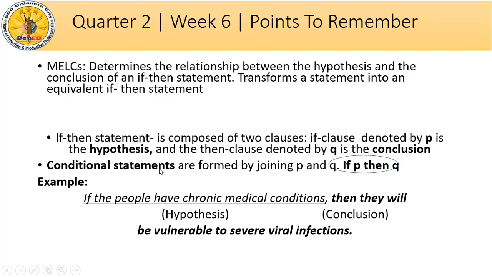Conditional statements are formed by joining P and Q: if P, then Q. If people have chronic medical conditions, then they will be vulnerable to severe viral infections. The underlined words are called the hypothesis. Okay? And then, they will be vulnerable to severe viral infections, is called the conclusion.